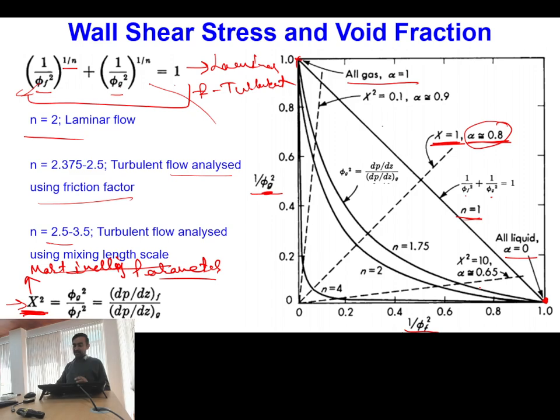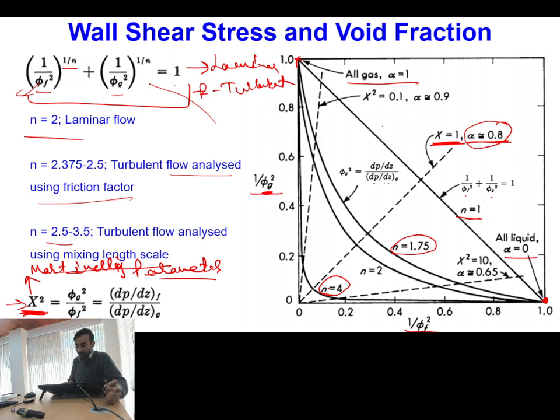Of course, the application of this curve people have seen, and using the application of this curve, people have found that the value of n equal to 1 for laminar flow predicts the data very well, and values of n equal to 1.75 and n equal to 4 predict the data well in between the two different regimes.